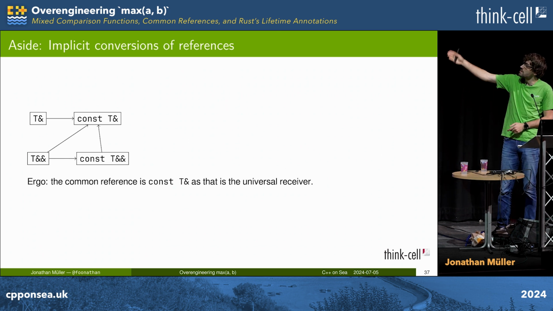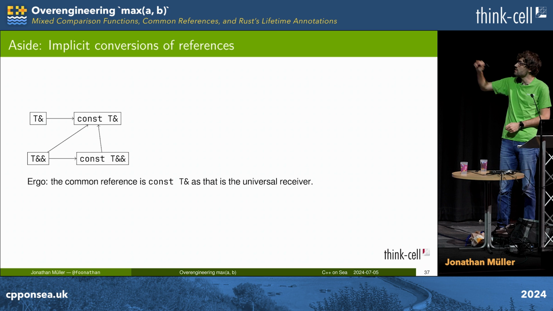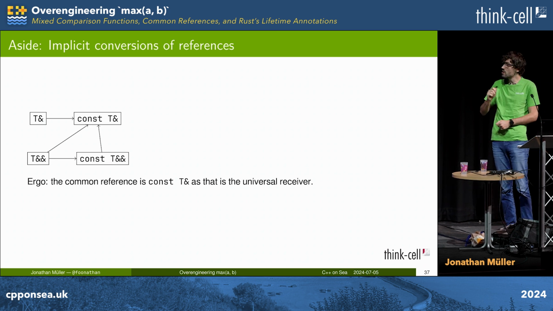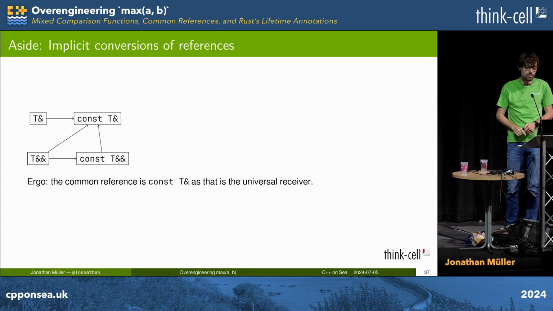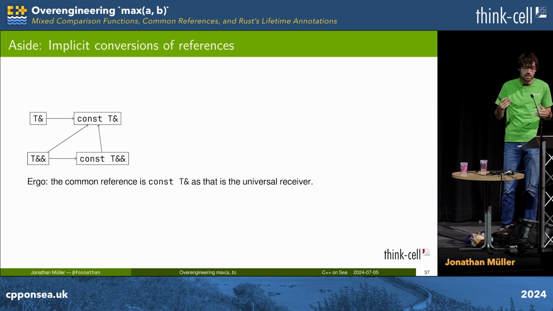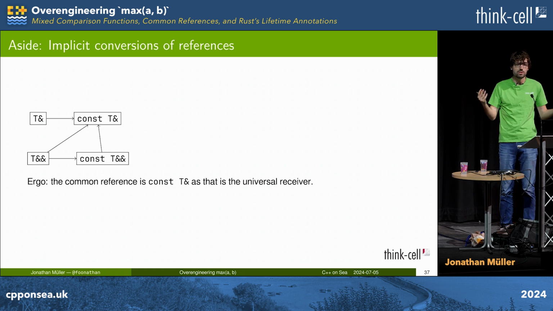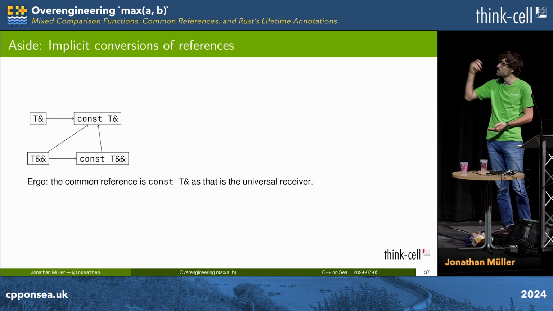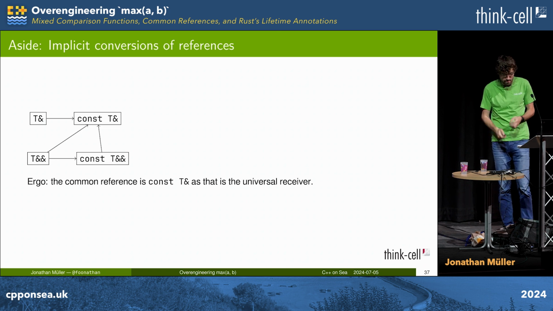We can always add const. We can turn a T ref into a const T ref, and we can turn a T ref into a const T ref. And we also can convert everything to a const T ref. So if we use const T ref as the common reference, this is the universal receiver. When you write a function that wants to accept anything, you take a const T ref because it accepts anything. All kinds of references implicitly convert to that.